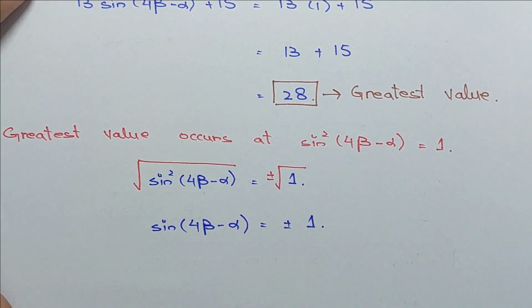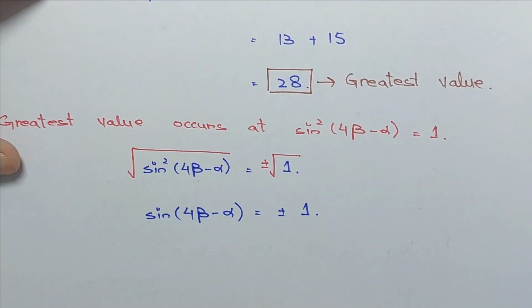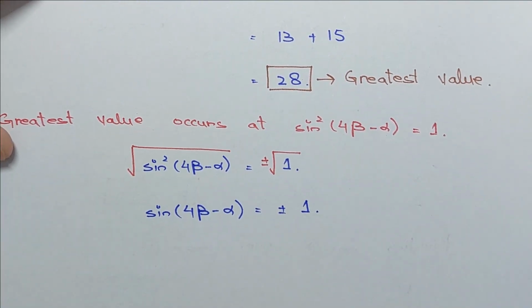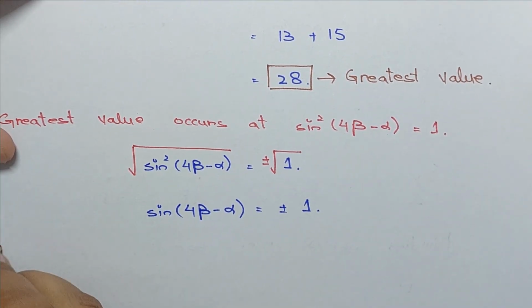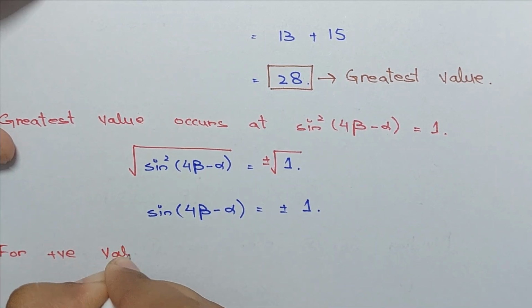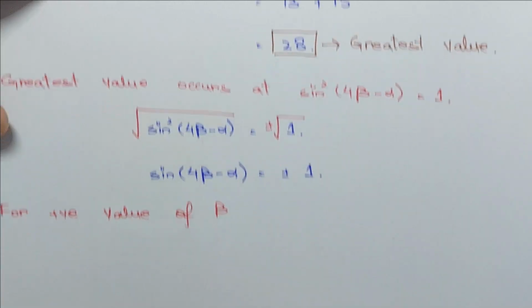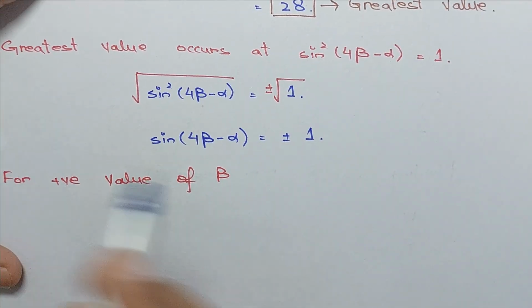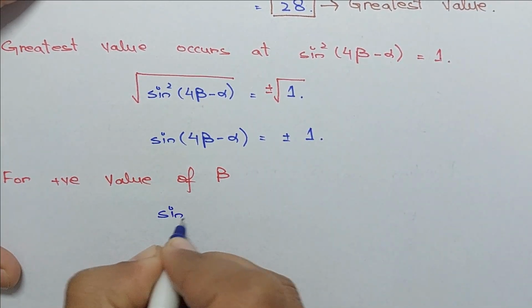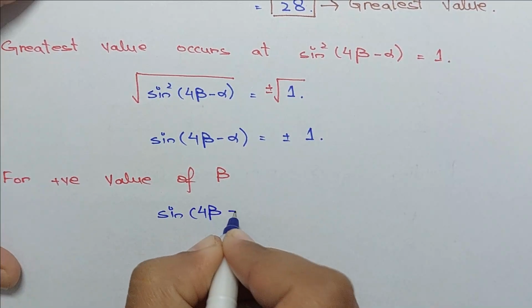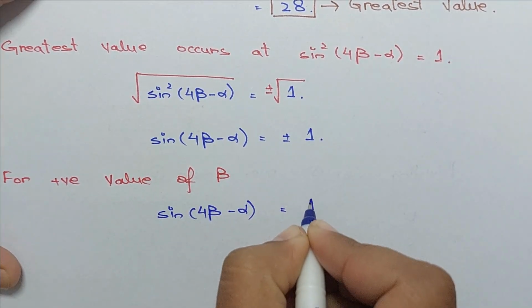All right. As we need to find the smallest positive value of beta, not the negative one, so for positive value of beta, we have to consider the positive one, right? Not the negative one. Sine of 4 beta minus alpha is 1.